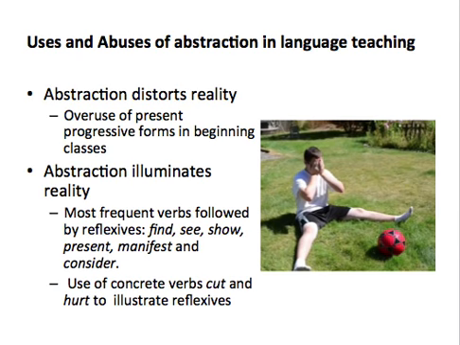So if we use this term with language teaching, we can look at its pluses and minuses. One of the things that often happens in beginning teaching is that we have an overuse of the present continuous. So if you look at the picture, the classic approach is, what is the boy doing? He's sitting on the ground. He's got his hands over his eyes.